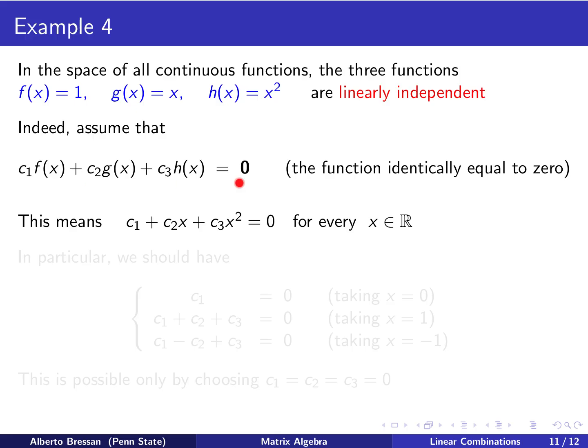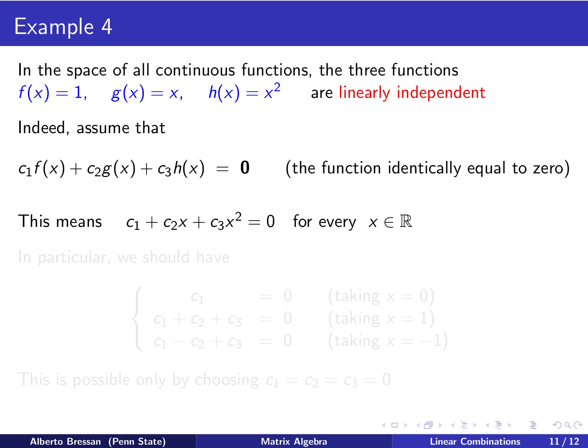And we want this to be 0, that is a 0 function, which is identically equal to 0 for any values of x. Okay, and then what does that mean? Let's put in the functions f, g, and h, and then we have c1 plus c2x plus c3x squared must be 0 for every x.